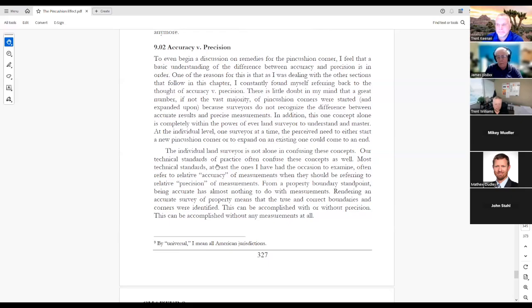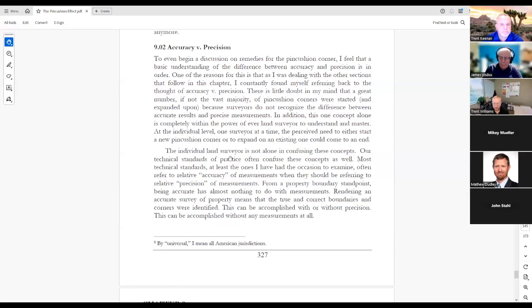These old deeds that call to chains, and all of a sudden we start warping the way it was established versus the way we establish it today, right? And we've read in the other books we've studied here at Wisdom Wednesdays that when we're doing boundary retracement, we have to keep in mind when that boundary was established, the means and methods, the accuracy and precision of those, and how they did their work.